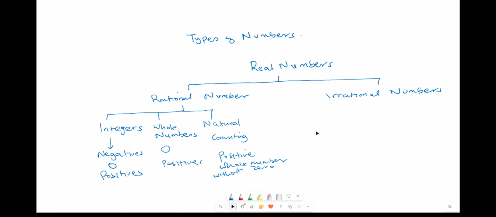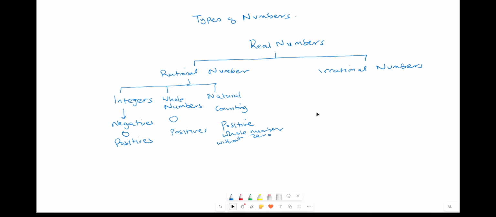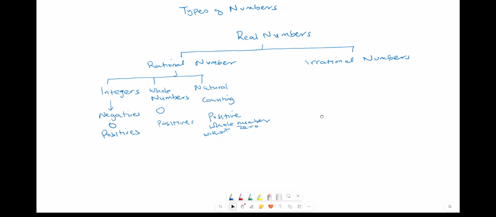Now, my board is being populated, so let's zoom in and zoom out and create more space for the rational number family. What are the other members of the rational number family?